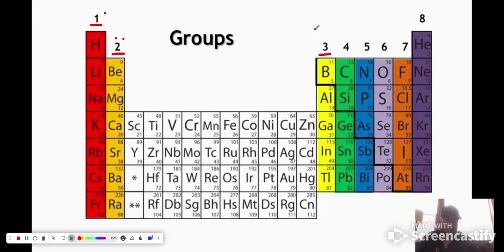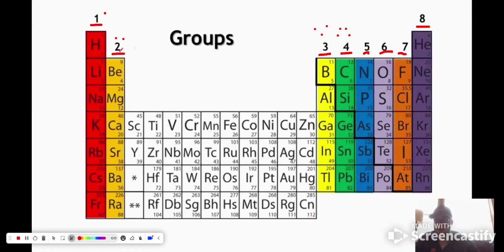If it has 3, it would have 3 valence electrons. 4, 4. I know this is getting repetitive. And then all the way up to 8, and it would have 8 valence electrons. So whatever number group it is in, that is how many it has.